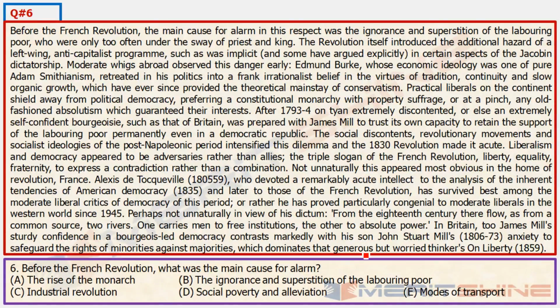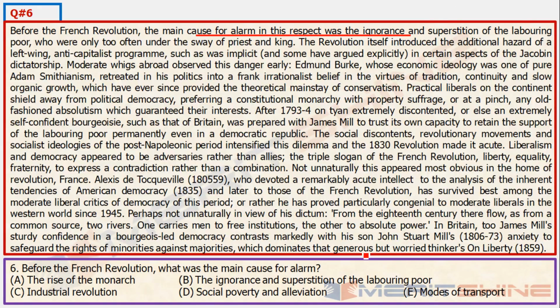Halfway through, let's move on to question number 6. Before the French Revolution, what was the main cause for alarm? Now, this main cause for alarm is here, the first sentence. See, from the first sentence only we have 2 questions. So this was easy. This was an easy passage that way, and you see this was an actual passage.